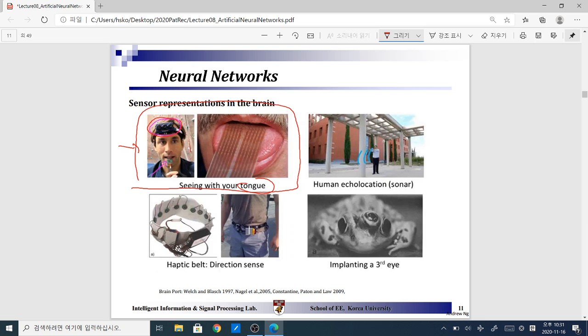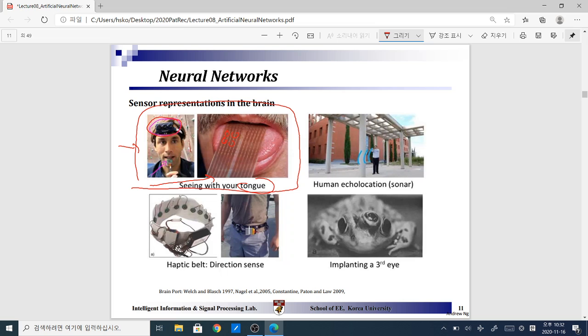For example, you have a camera mounted on your head, and the output of this camera is connected directly to a wiring mechanism that has pixel elements. Depending on what is captured by the camera, it will activate or stimulate a specific pixel location.